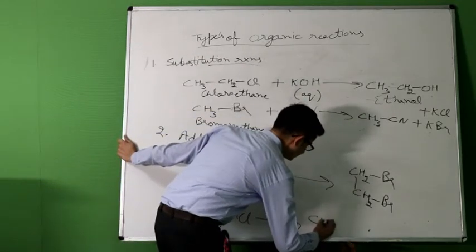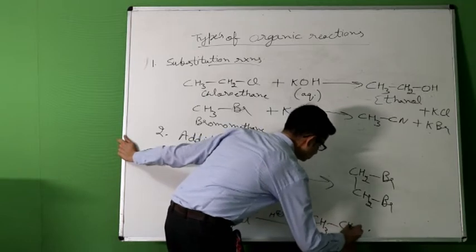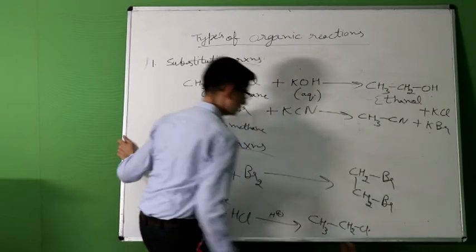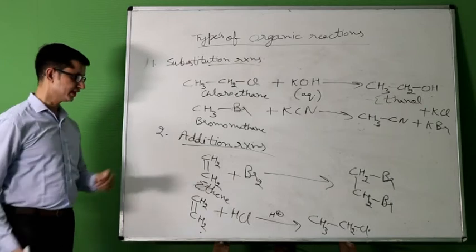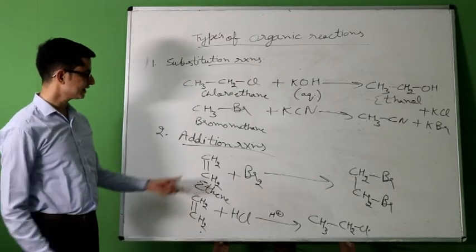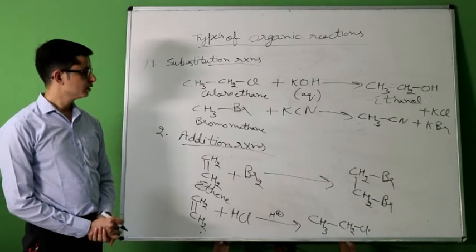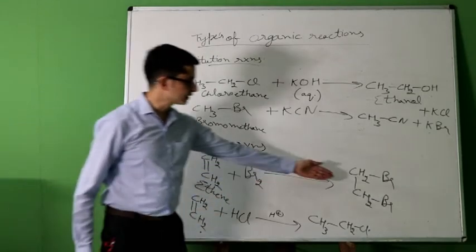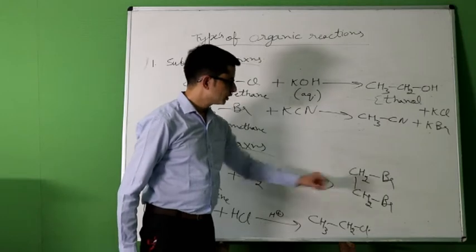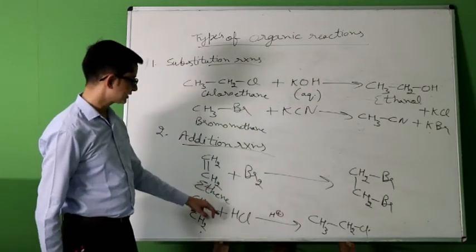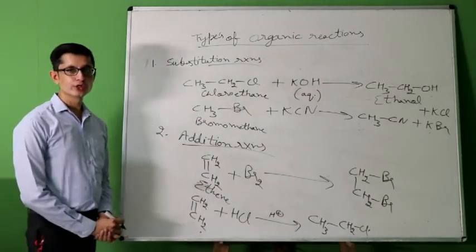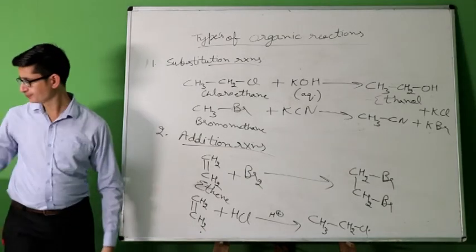It forms CH3CH2Cl, that is chloroethane. So in these reactions, two reactants combine to form a single molecule, called the addition product: 1,2-dibromoethane in the first reaction and chloroethane in the second reaction.